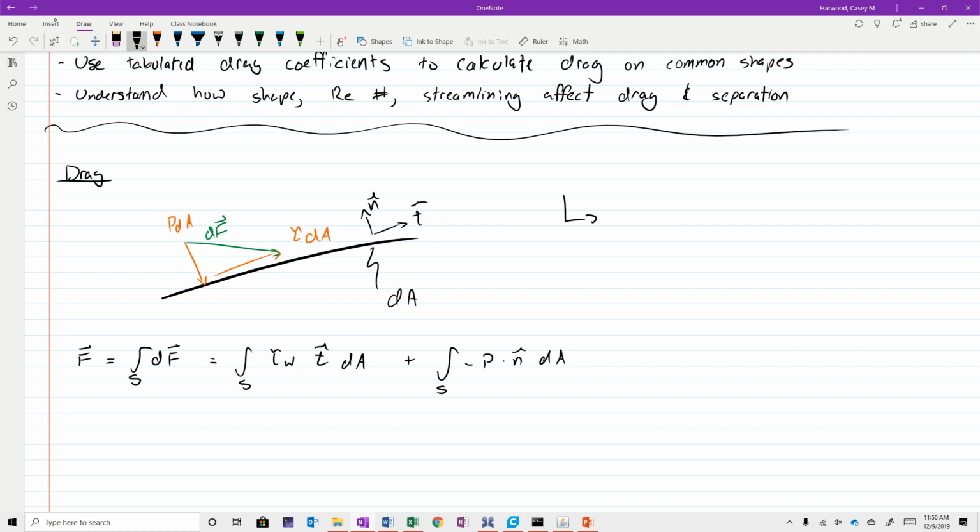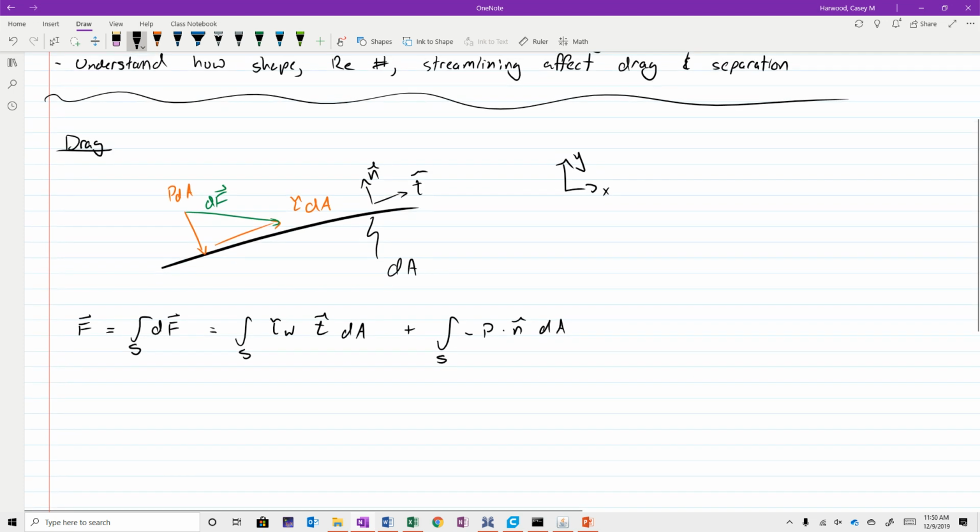So if we've got x and we've got y, then we can take direction cosines, and I'm going to skip this part, but the idea was we could rewrite this entire integral in terms of the components that were perpendicular to the flow plus the components of the force that were parallel to the flow.